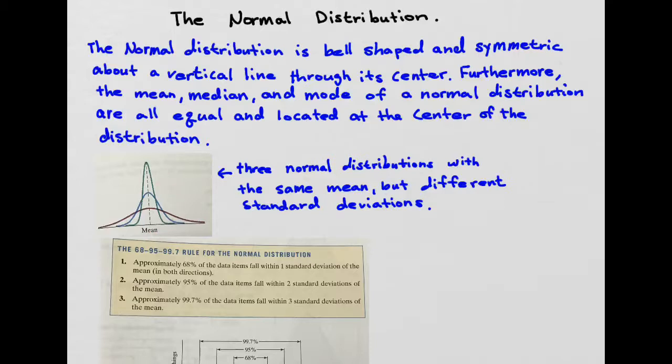This picture also shows three normal distributions with the same mean but different standard deviations. So if you have a larger or smaller standard deviation, you're going to have different shapes of the bell-shaped graph. But as long as it's a normal distribution, from the mean, the right side and left side are symmetric.